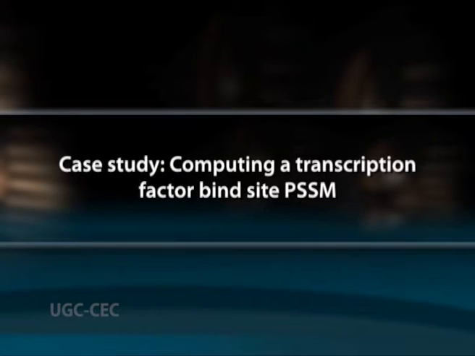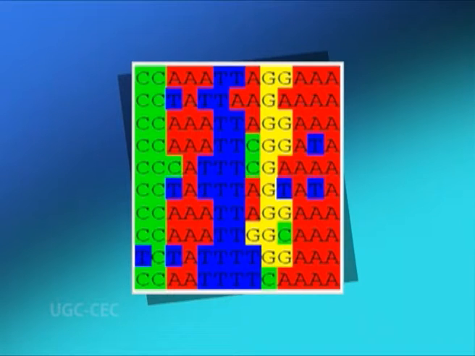Now, let us make this concept more clear by taking a case study, that is, by computing the transcription factor binding site PSSM. Here we have aligned 10 sequences and each sequence consists of 13 residues.